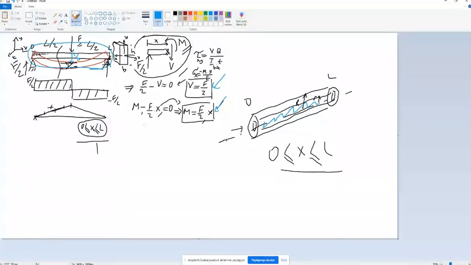A different mentality maybe, but the equation result will be the same. You are using the same equation, but when you increase the number of elements, now we are starting to develop the finite element.